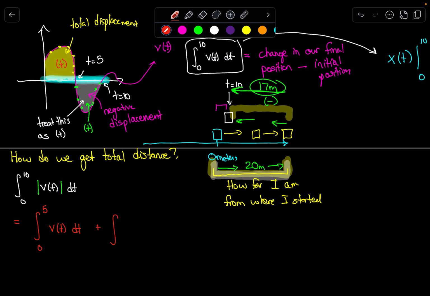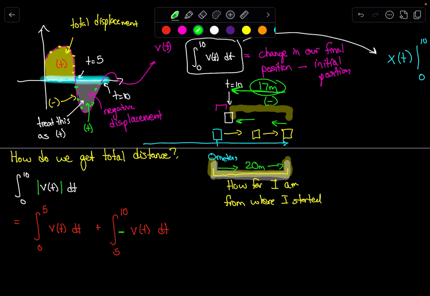So in the integral from 5 to 10, if all I do is write v of t dt, we're going to run into a problem, because the value of my velocity function in this interval is negative. In order for us to counteract that, we're going to slap a negative right in front of that velocity function, just like so, okay?